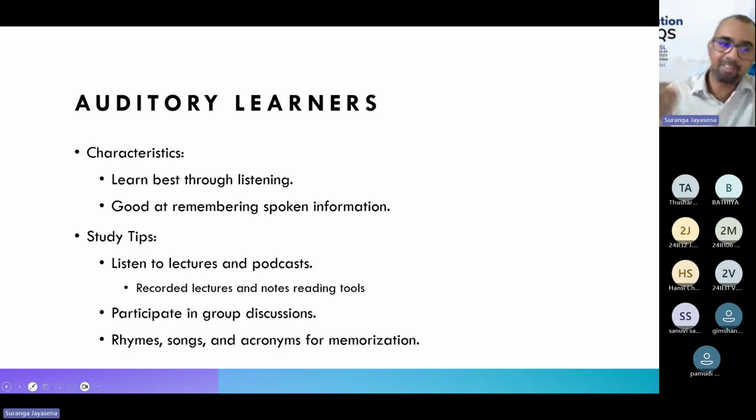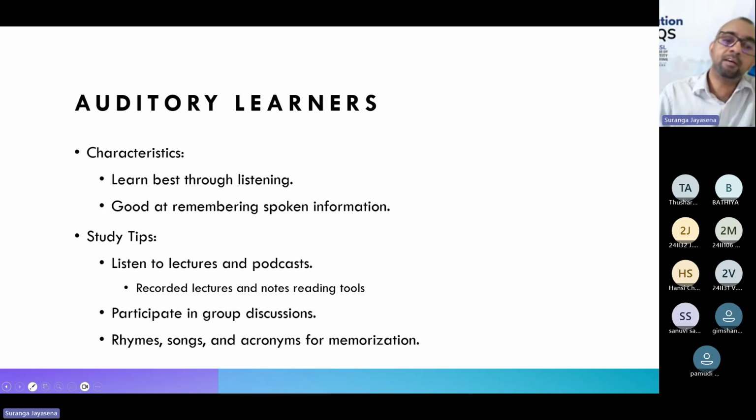So remember, if you're auditory, you can remember the songs, poems, rhymes, and certain statements that you use, right? Okay, so create that kind of thing for the things that you have to remember, because there are things you will have to remember, right? You have to remember those. Okay, so create that kind of thing and use it.